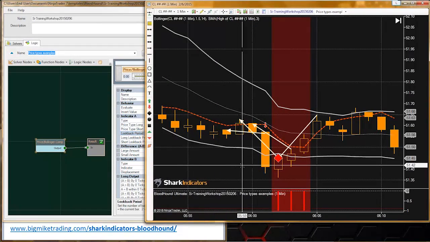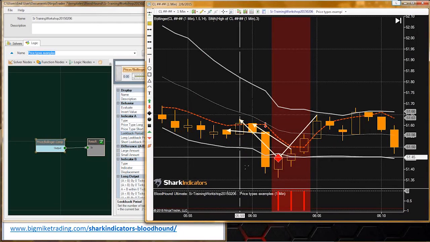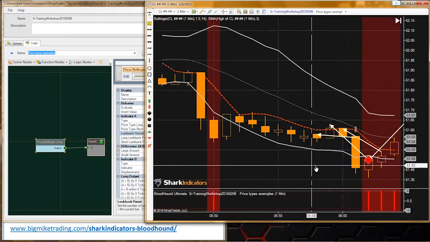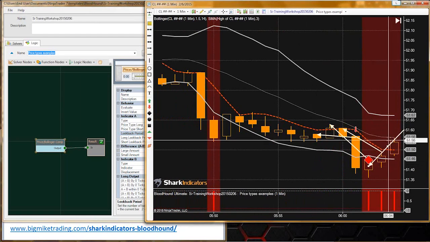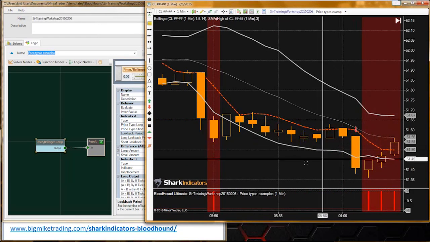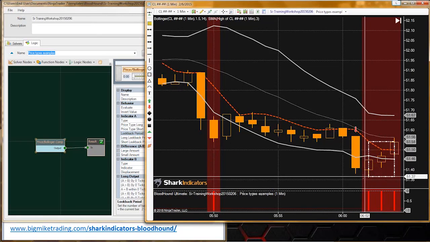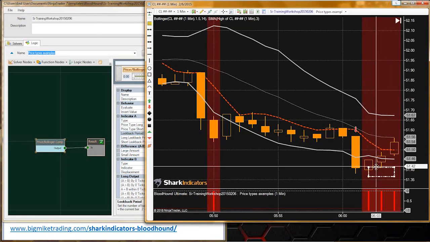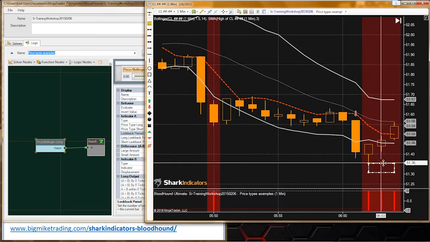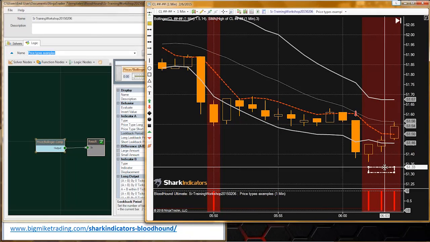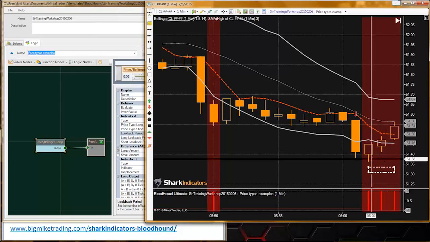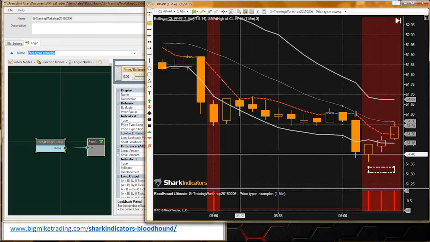So we can see, let's take a look here. Let me erase some of these arrows here, clean this up. So my rectangle here is trying to demonstrate our 3-period look back range, right?